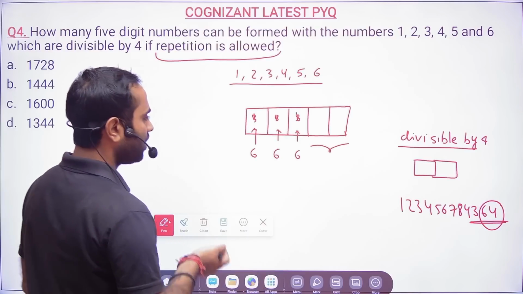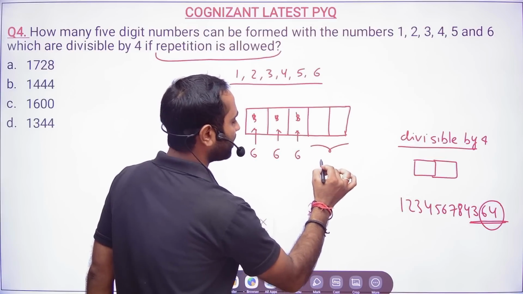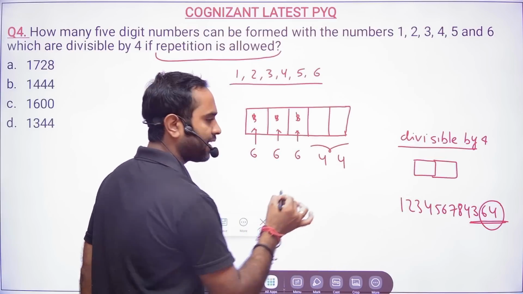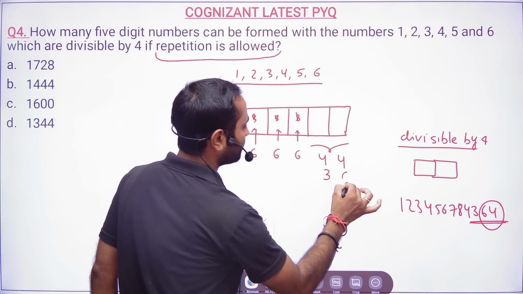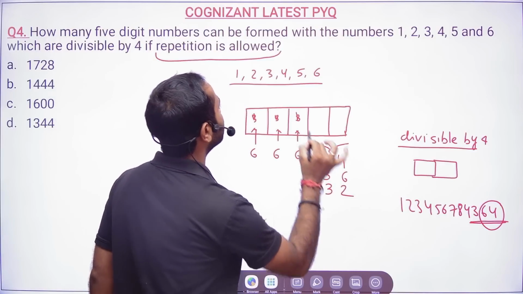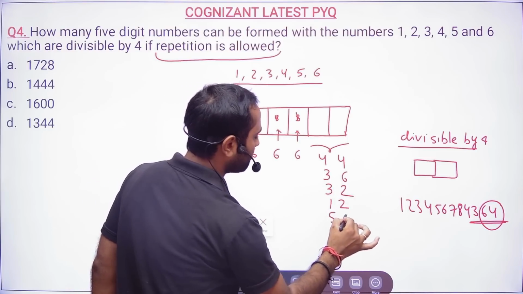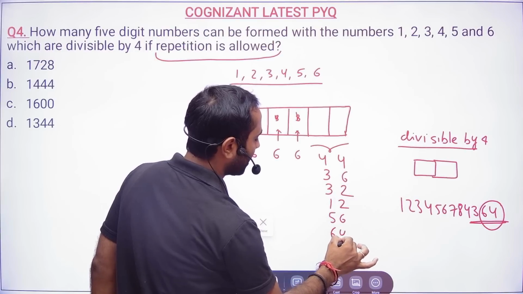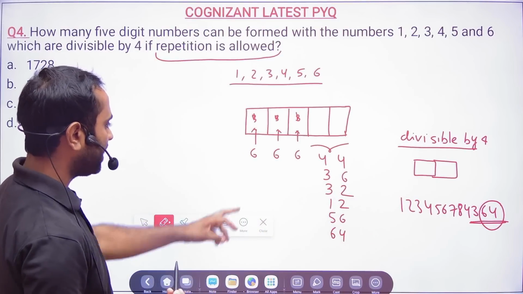Now, let us see how many options come here. The last 2 digits can be 44, which is divisible by 4. They can be 36, 32, 12, 56, 64.